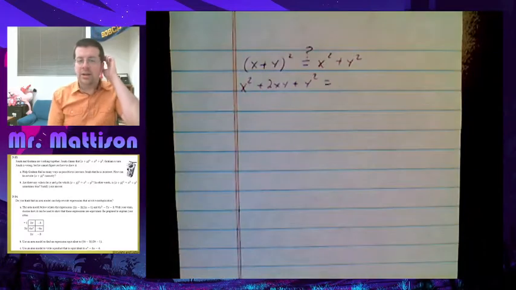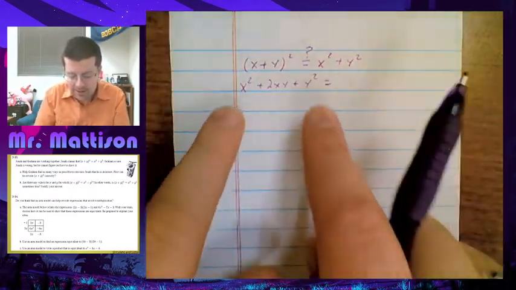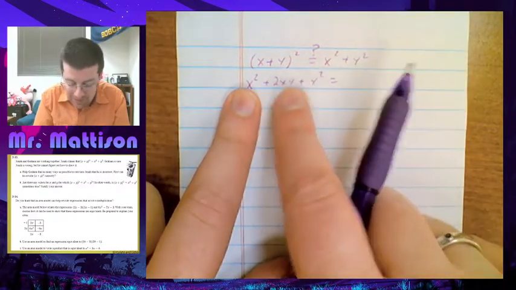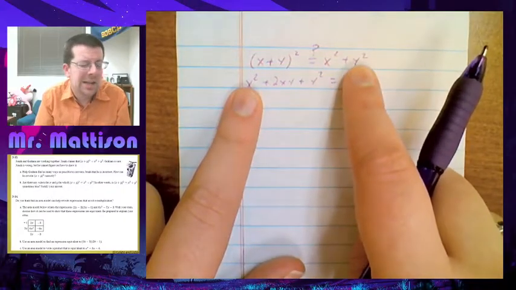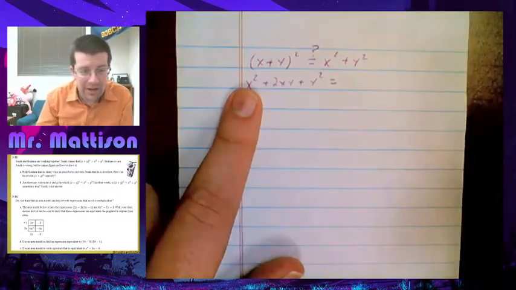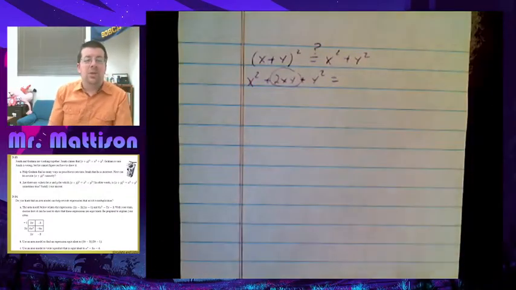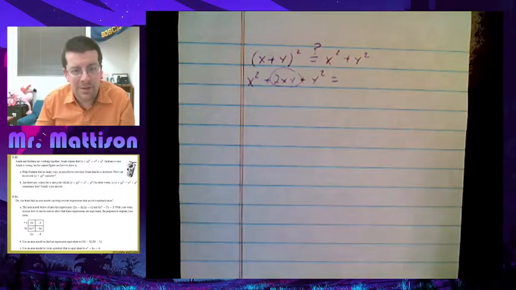So right there, I've algebraically shown that this doesn't work. Because I'm saying x squared plus y squared equals x squared plus 2xy plus y squared. Now that's only ever going to be true if 2xy is equivalent to 0. There's a whole lot of values of x and y which make that not 0, so it's not always going to be true.